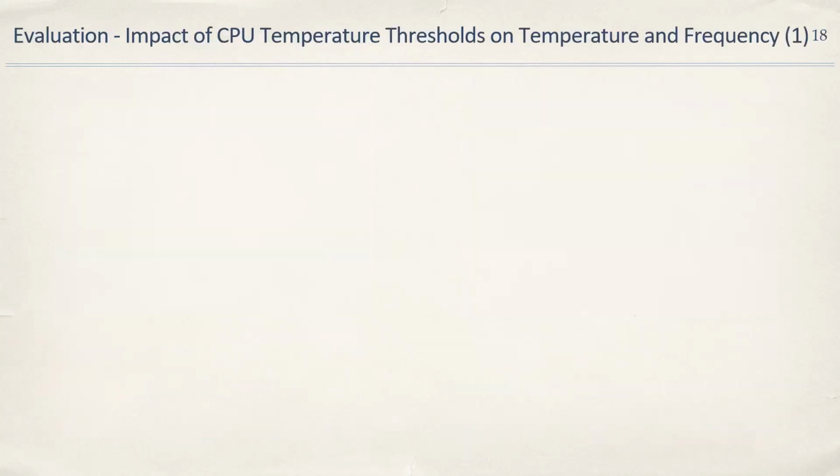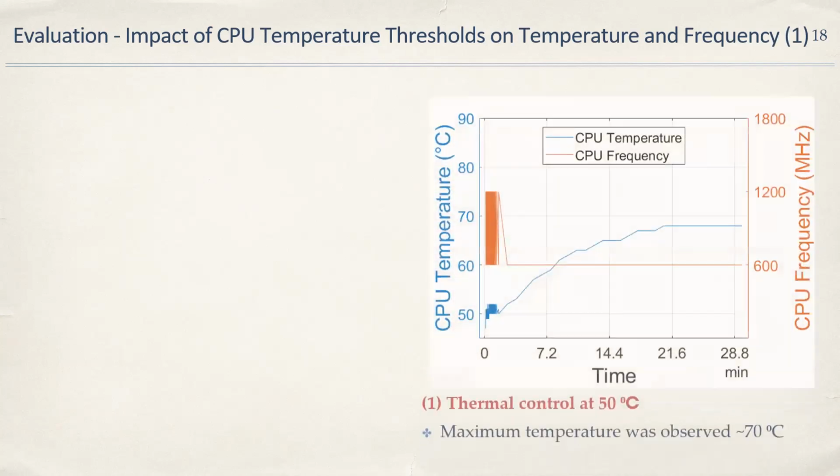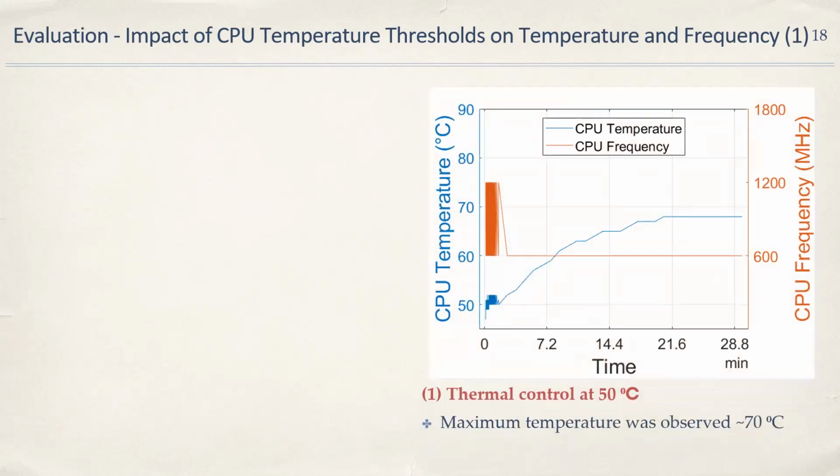Our next four slides study the impact of different CPU temperature thresholds on CPU temperature and frequency. Here we apply CPU thermal control at 50 Celsius. What does it mean? Whenever the CPU temperature reaches 50 Celsius, we clock the CPU to the lowest frequency, so there is some back and forth between the highest and the lowest frequency.